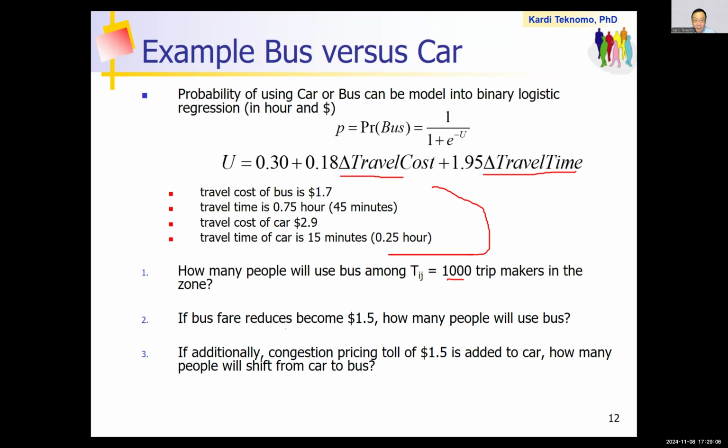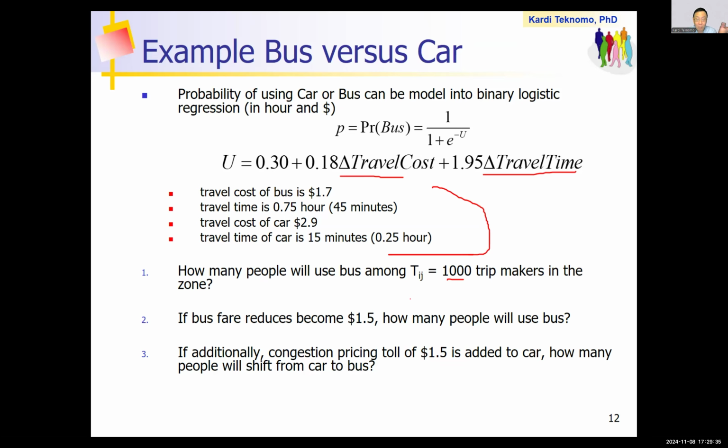We can simulate now, because you have the variables like travel time and travel cost. So if the fare is reduced to 1.5, how many people will use the bus? Additionally, if you have, say, a congestion pricing toll, again, this one is about the cost, how many people will shift from the car to the bus?